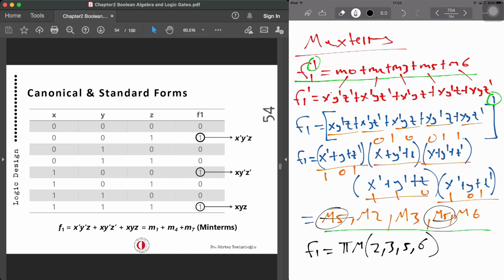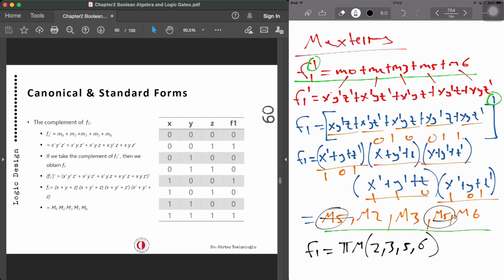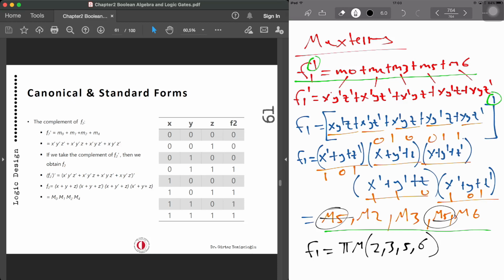And you can also see this on the slides, which show the similar steps that we have followed. So finding out the F1 where it is zeros, taking the complement of F1 prime with De Morgan's, and you will get the max terms. And we can do the same thing for F2 as well. So we have got M0, M1, M3, and M4.